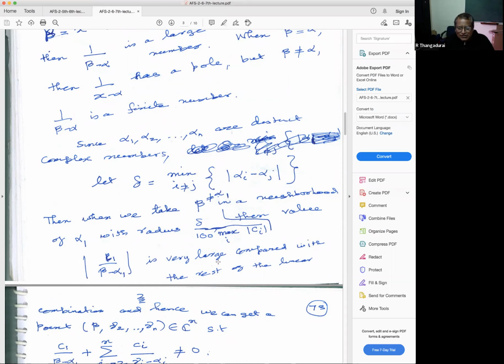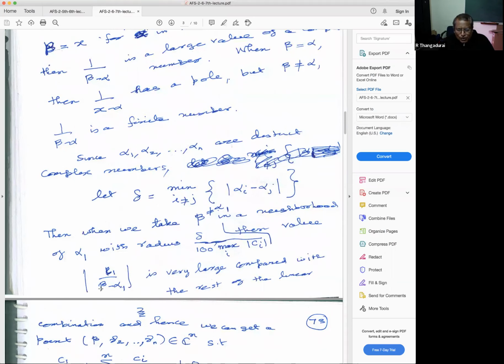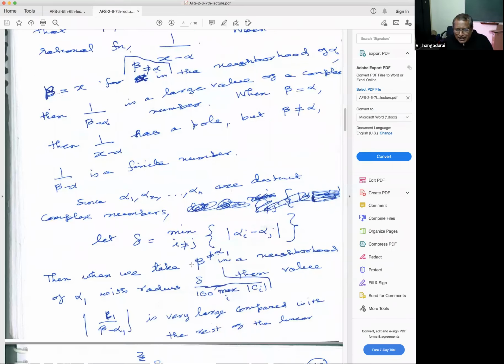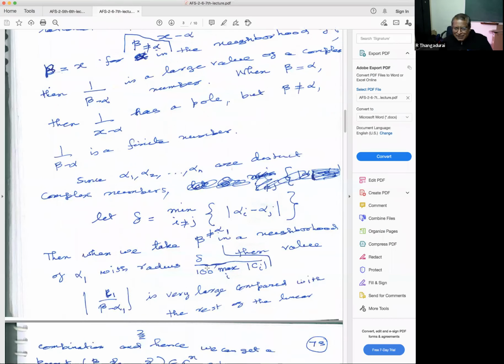When I plug x equal to beta, beta minus alpha 2, beta minus alpha 3 and so on are just given constant values. I have chosen it in such a way that beta is a little far away from the other alphas than just alpha 1. That's why I'm choosing this kind of delta radius.